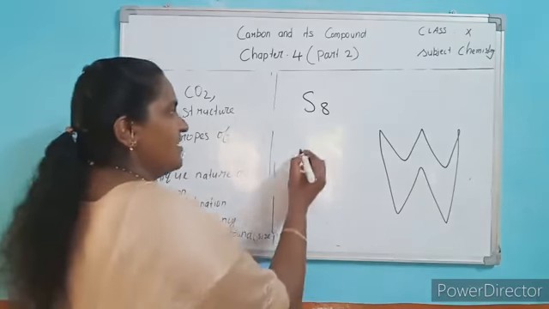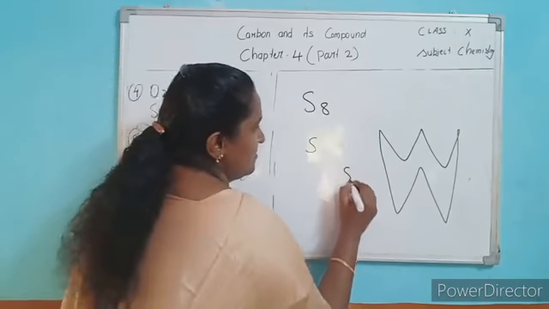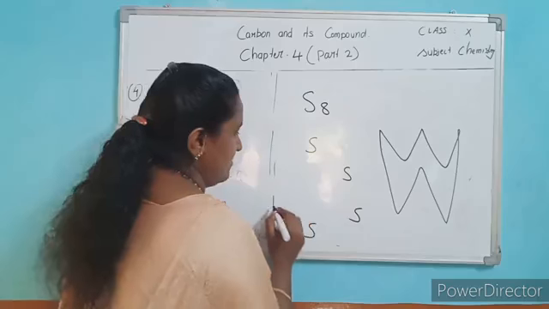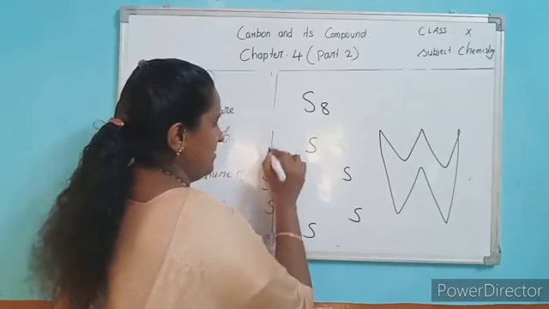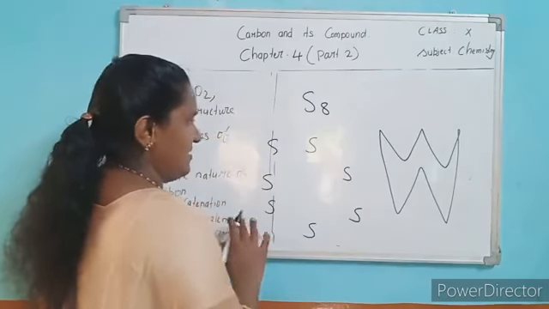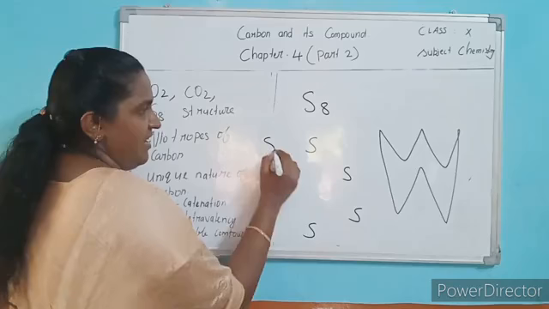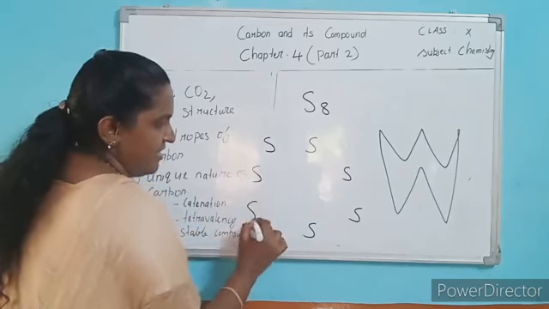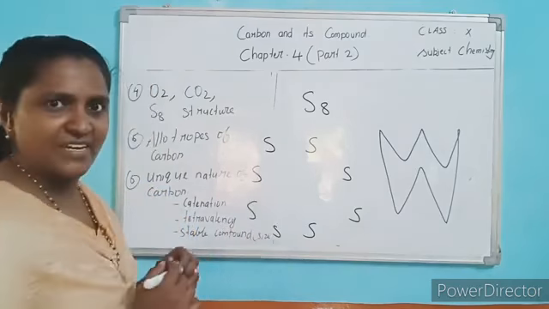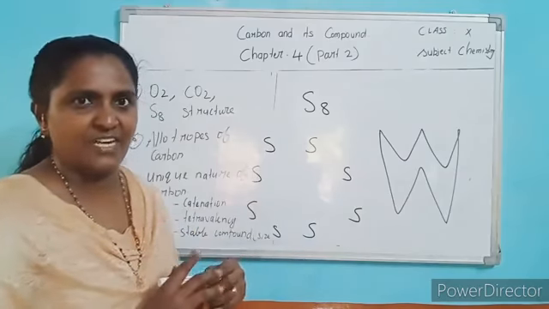Understand? So first, 2, 3, 4, 5, 6, 7, 8 structure, or 8 sulfur atoms.